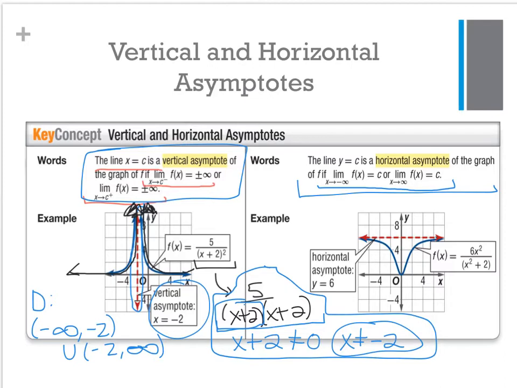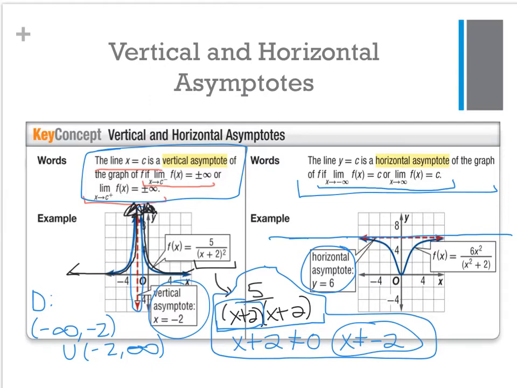So if you are finding the end behavior of a function, letting x approach positive infinity or negative infinity, going to the right infinitely or going to the left infinitely, and the graph is leveling out, such as it is here, we have this line right here at y equals 6, because our horizontal asymptote is at y equals 6.